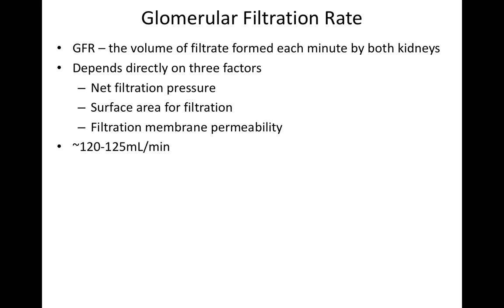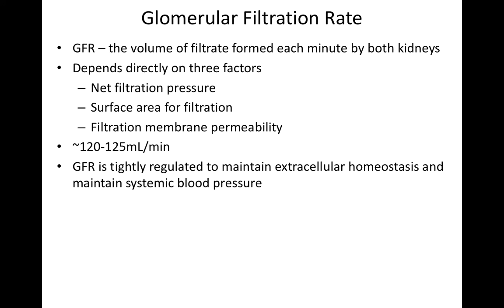So we have lots of glomeruli, and that gives us a huge amount of surface area, again, reminiscent of our lungs, and how permeable that filtration membrane is. So if something were to increase the permeability, then we would begin to see higher GFRs. If something was to decrease the permeability, we would see lower. So again, all of this is very, very similar to what we talked about in the lungs.